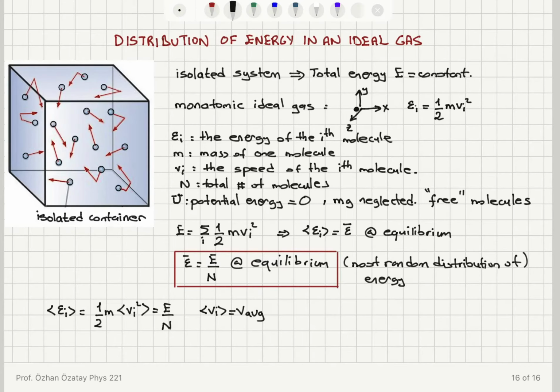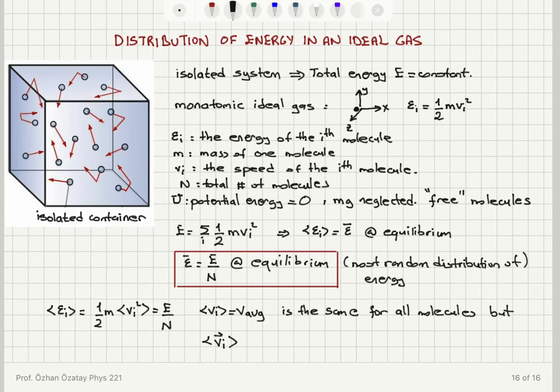Okay, so what is the average speed per molecule? How is this distributed? This average speed is the same for all molecules, but how about the average velocity?